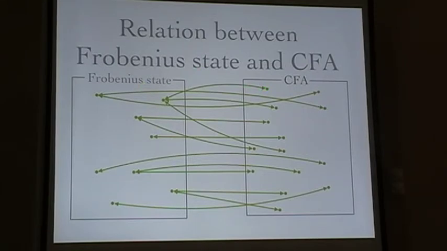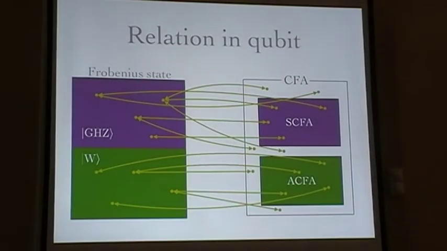Then, if we made a CFA from a Frobenius state and made a Frobenius state using this CFA, it is equal to the original state. And this theorem holds in every dimensional quantum system. In qubit, the relation between SLOCC equivalent classes of Frobenius state and classes of CFA has already been known.